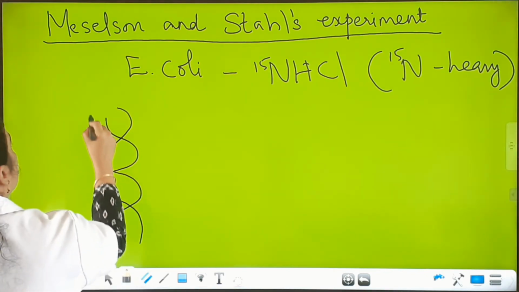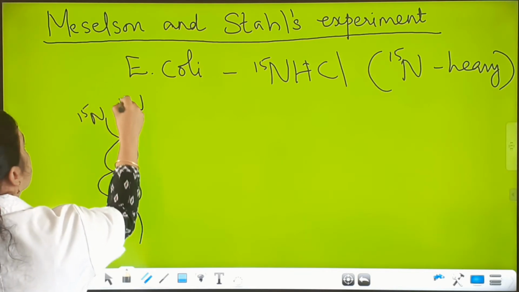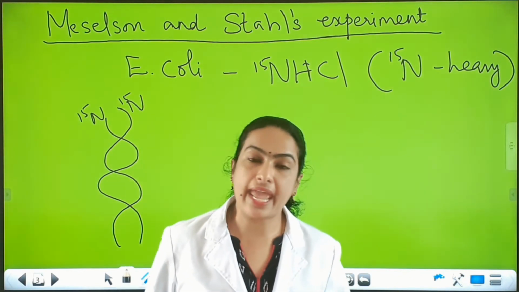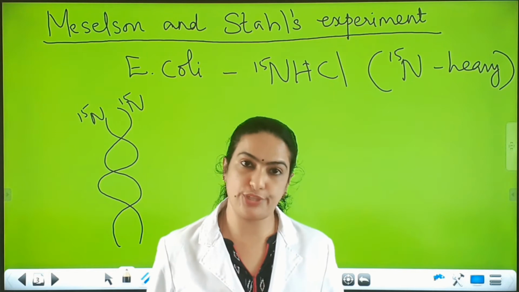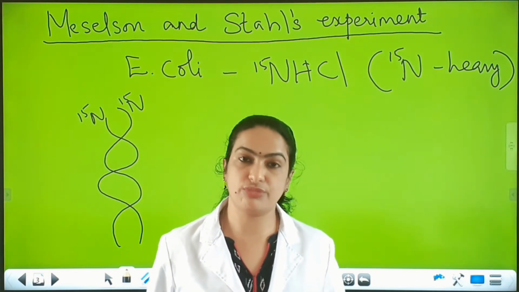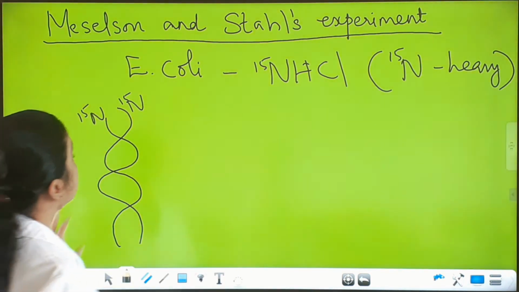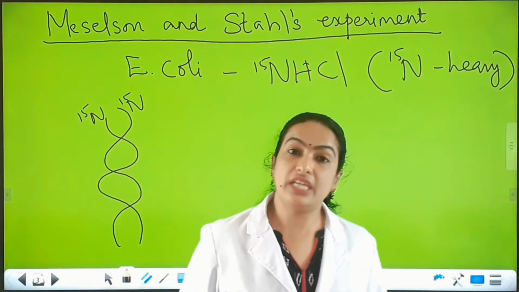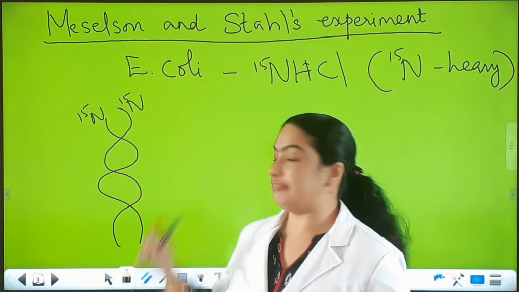So the two strands of the newly formed DNA are incorporated with N15. That is a heavy DNA molecule because it contains the heavy isotope of nitrogen. Several DNA molecules are there, and some of them are incorporated with N15.